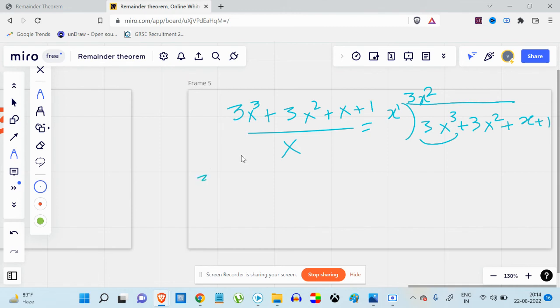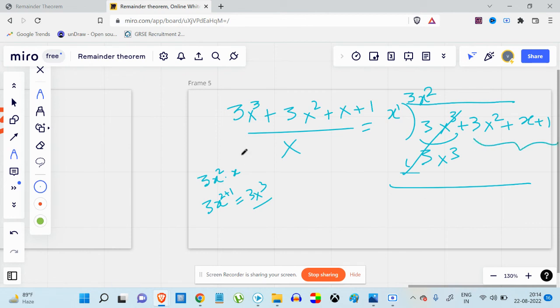Now in rough you can think about it: 3x square into x is nothing but, remember, 2 plus 1, that will be 3x cube. We can write it here as simply as that. Now change the sign, that will get cancelled out. Now only this term will be remaining, so we write 3x square plus x plus 1.